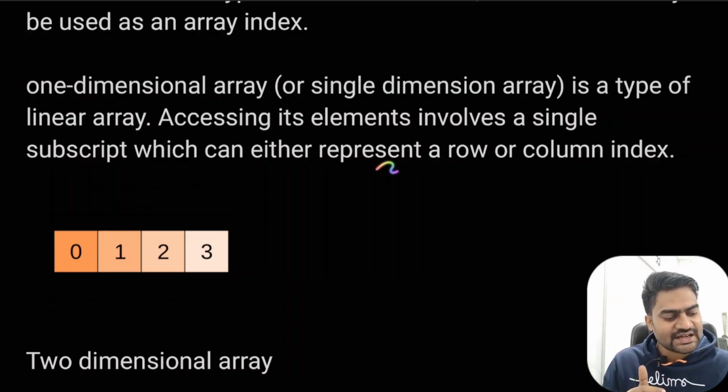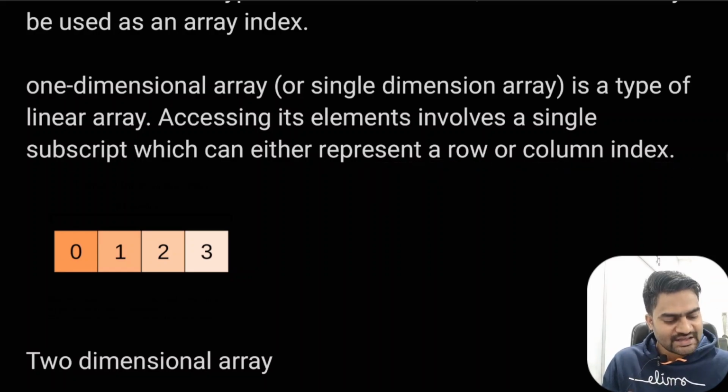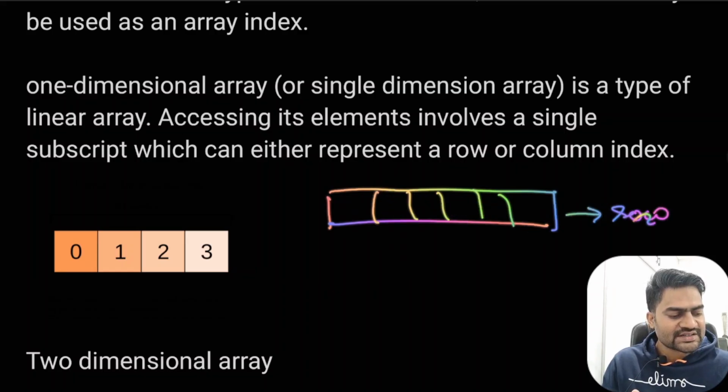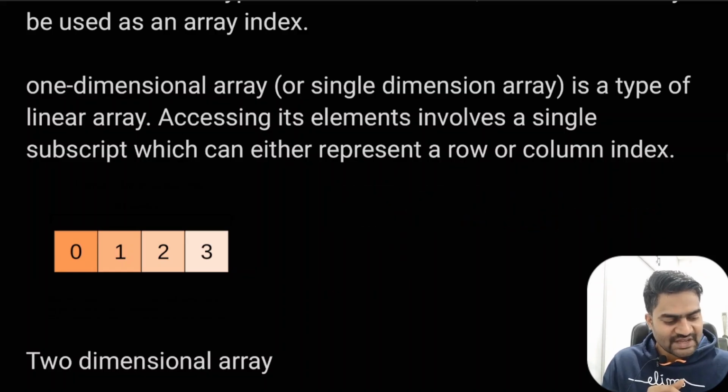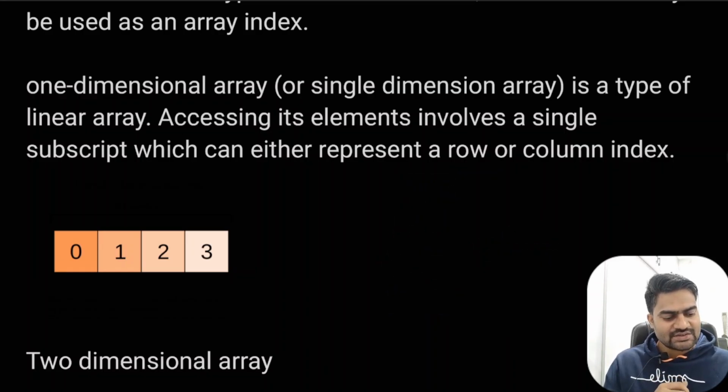It can represent either a row or a column. So whenever you visualize an array, you can visualize it like this, as a single-row array, or like this, as a single-column array. So that's what we can understand.